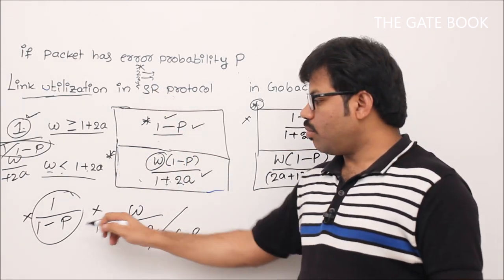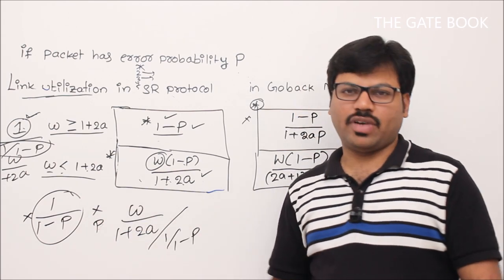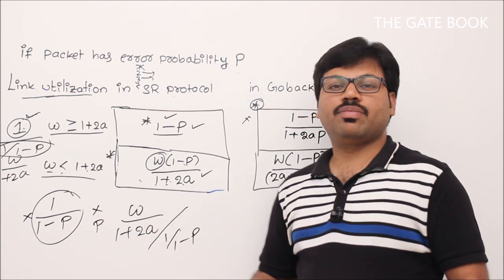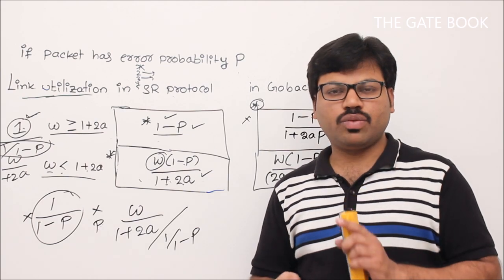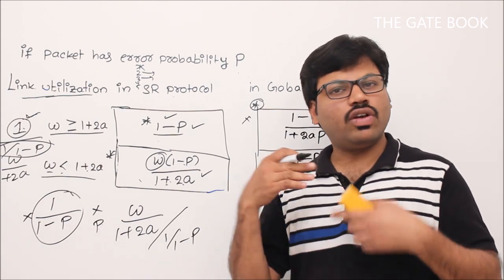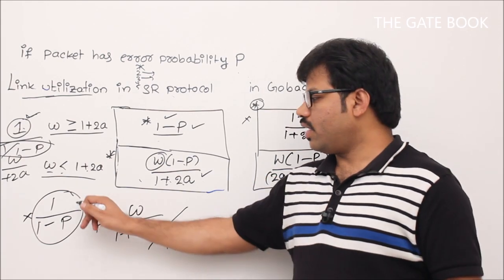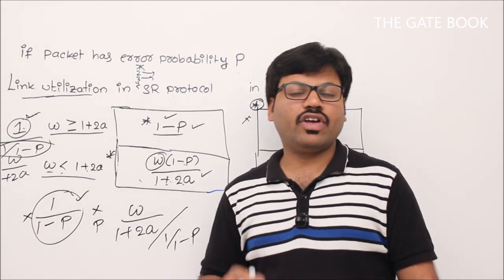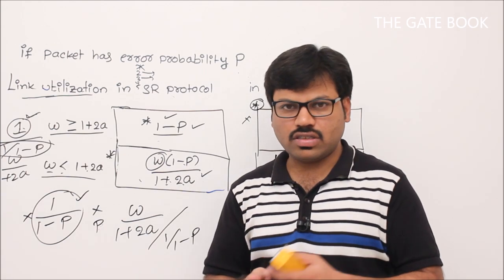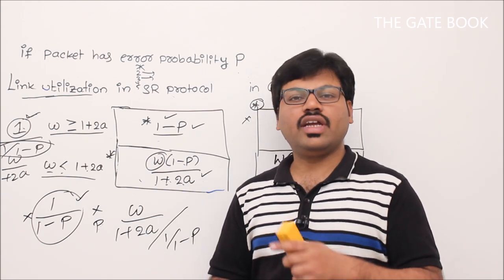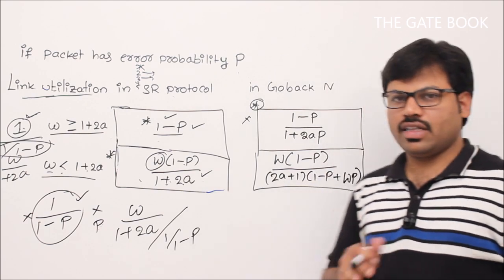That's why the number of retransmissions is not 1 by 1 minus P. This 1 by 1 minus P is for the different case where we assume that whenever a packet is lost, only that packet will be retransmitted. If that is the assumption, you get this answer. But in go back N, when a packet is lost, we send other packets also. That's why its analysis is difficult and different.